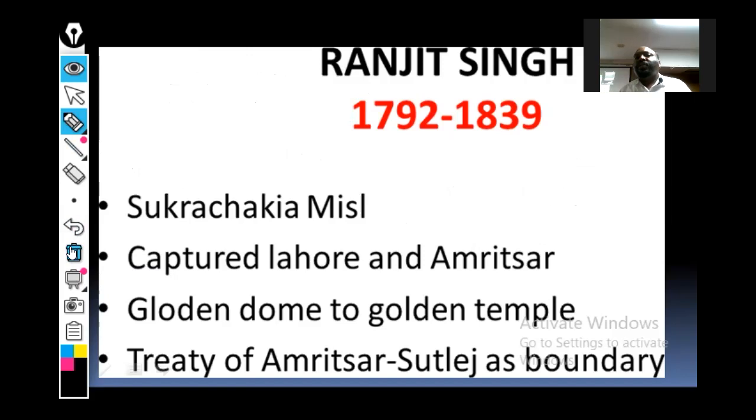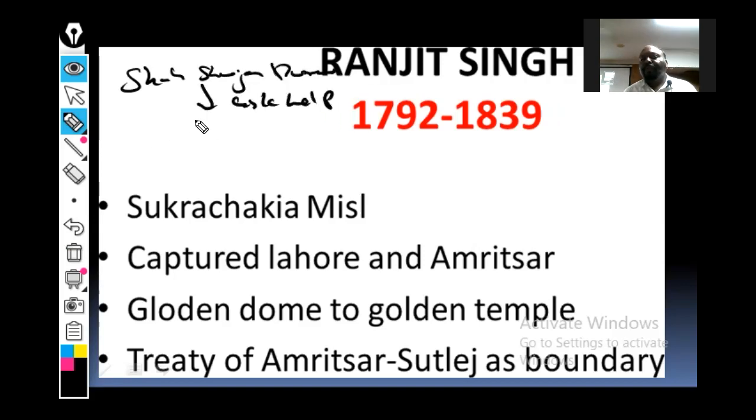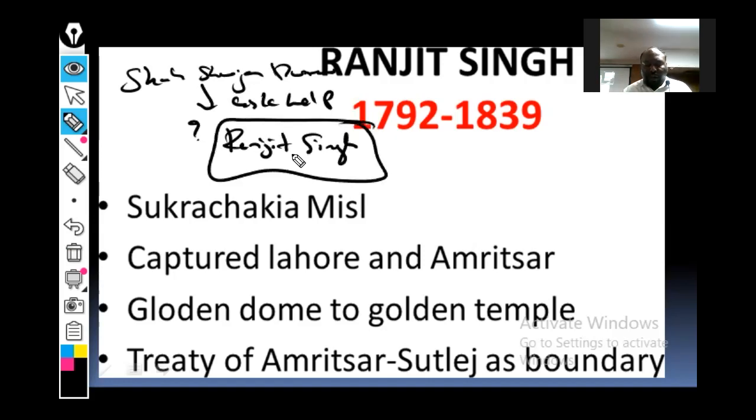So what does Shah Shuja Durrani do? He comes and asks help. Whom? He asks Ranjit Singh. So Shah Shuja comes to Lahore and asks Ranjit Singh's help.